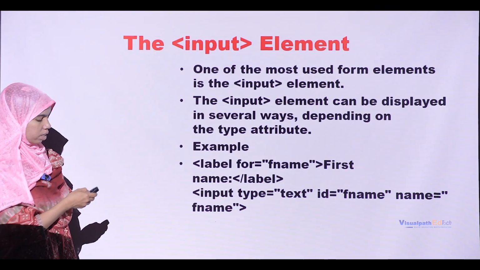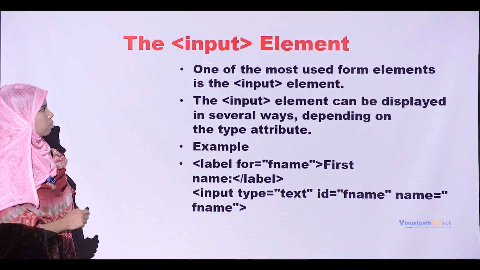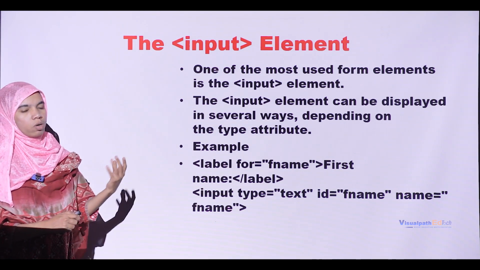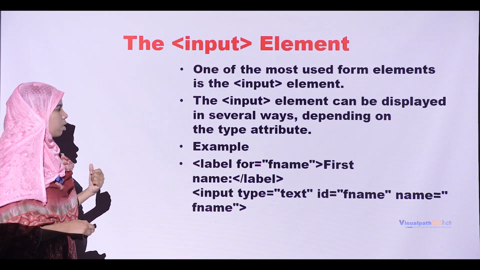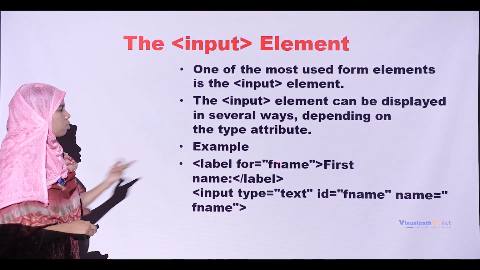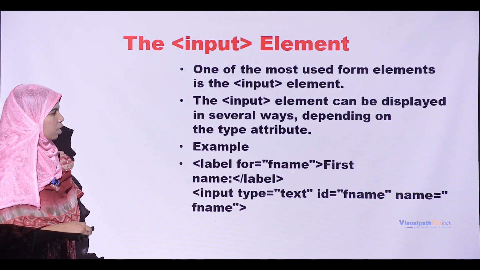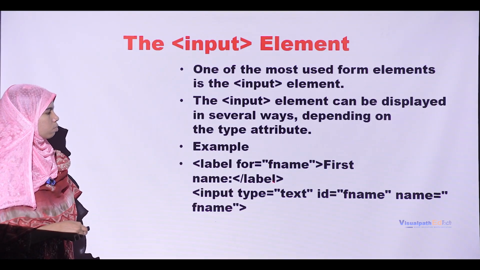Now, what does the input element stand for? As the name says, input means you are accepting some input from the user or the keyboard, right? For example, over here, label for whom? This label is first name, fname. fname is my value and we are accepting the first name from the user, then closing of that label.